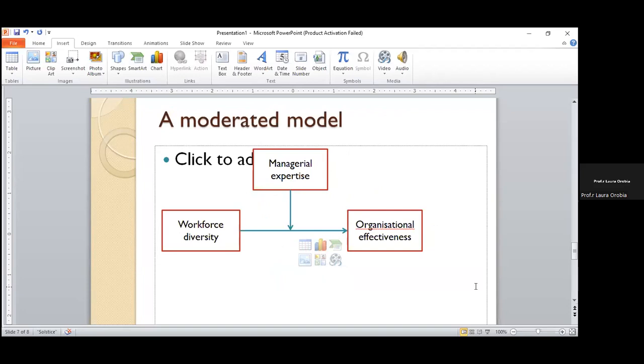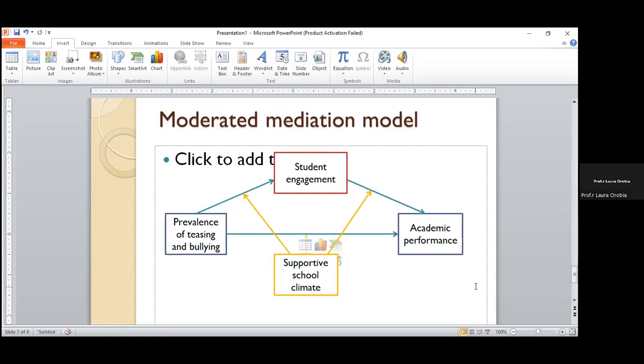In this particular one, managerial expertise is modifying the linear relationship between workforce diversity and organizational effectiveness. But then in this particular one, supportive school climate is modifying the mediation effect of student engagement in the relationship between prevalence of teasing and bullying and academic performance.